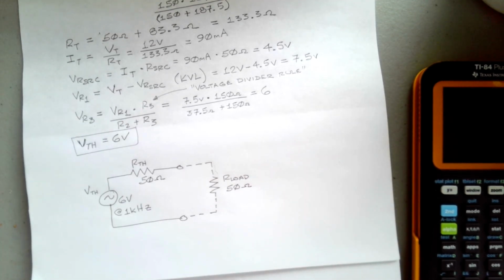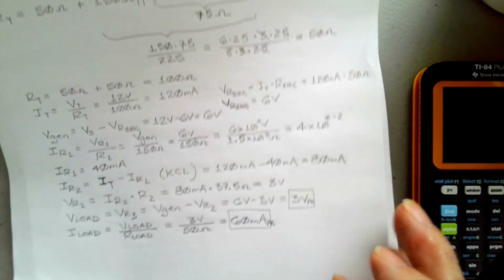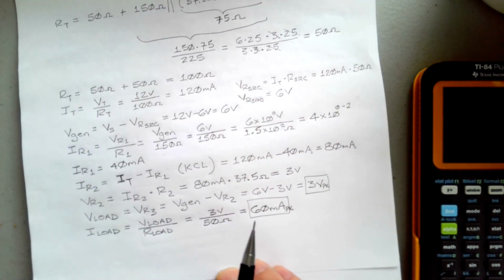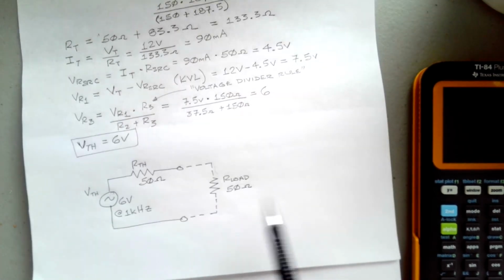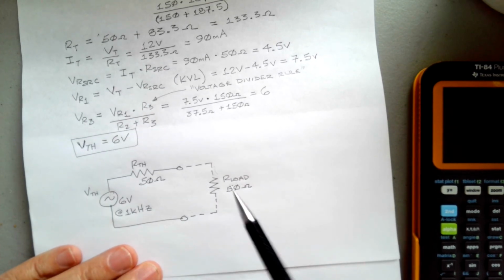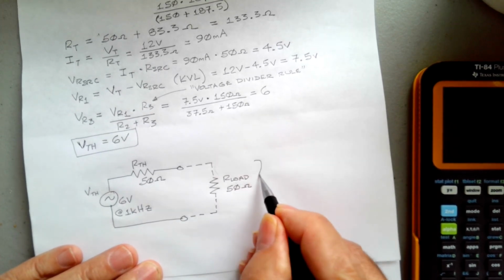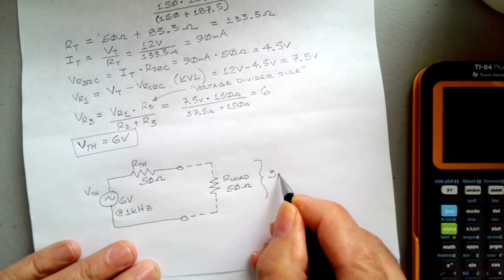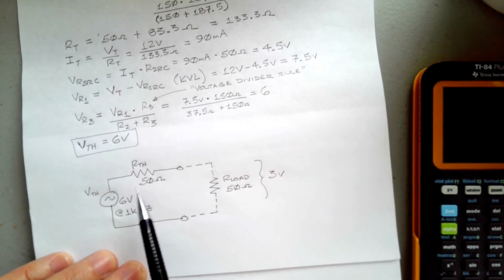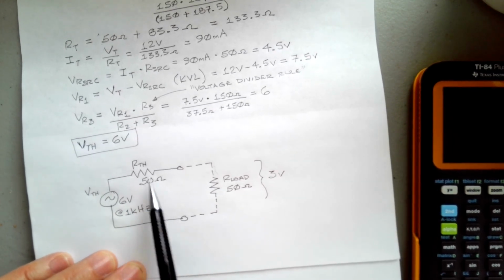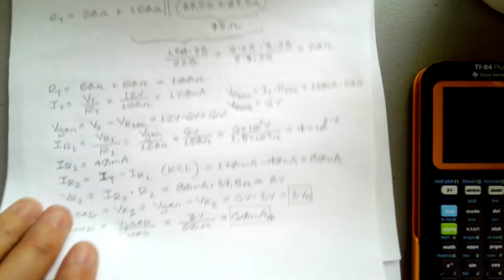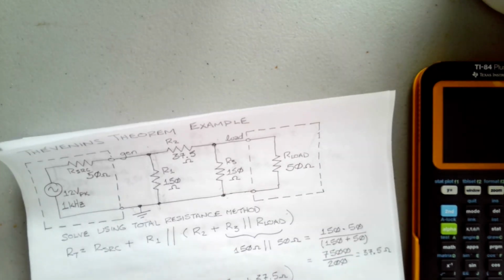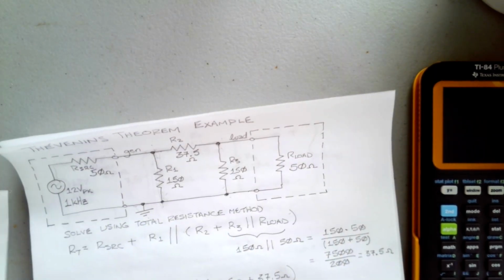And if we go way back to the beginning of this lecture and look at our load voltage, we computed that we would get 3 volts. And so Thevenin's theorem gives us the same answer here, 3 volts. This would be obviously 3 volts, because I got 6 volts dropped across 2 equal resistors. There's got to be 3 volts across each. So there's our first introduction to and application of Thevenin's theorem.